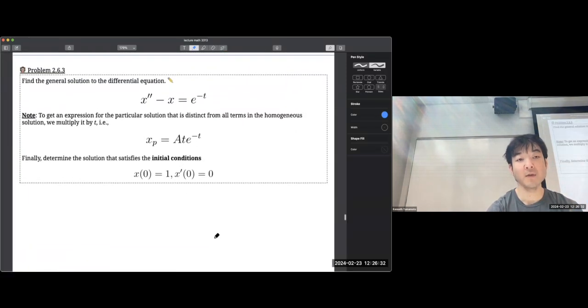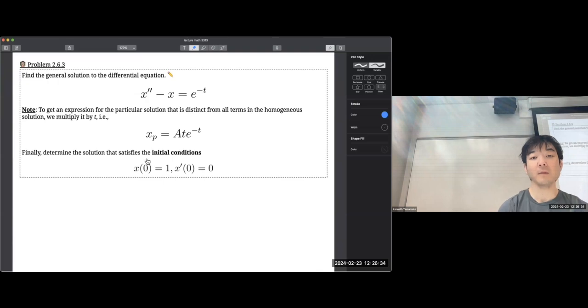So if you look at this one, obviously there's an answer right in front of you, a t e to the negative t that I'm claiming here, but let's not look at that for a second. I did change the right-hand side to e to the negative t, so from what I know in the past, I just take this and say the particular solution form is e to the negative t.